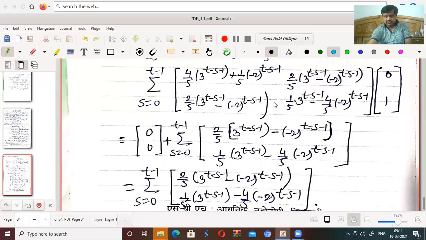Now first row, first column, 0 plus this term only, so 2 by 5 into this one. Second row, first column, this term becomes 0 and only this term is there. So this will be the solution of that non-homogeneous system. In this lecture, we have seen how to solve the homogeneous system and how to solve the non-homogeneous system. Some other part we will take in the next lecture.